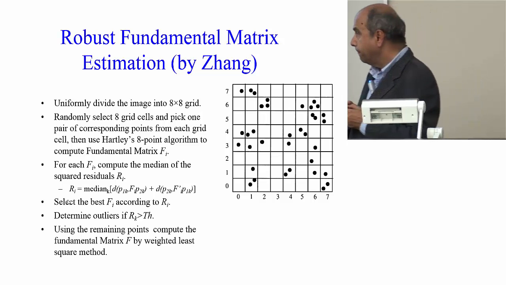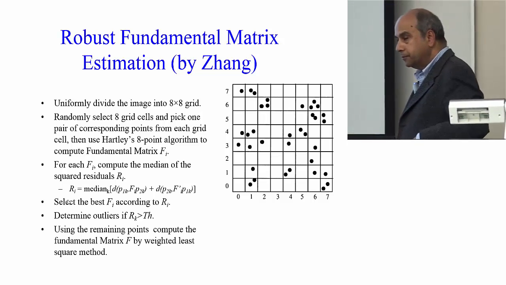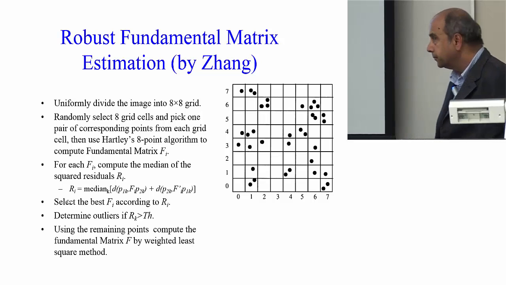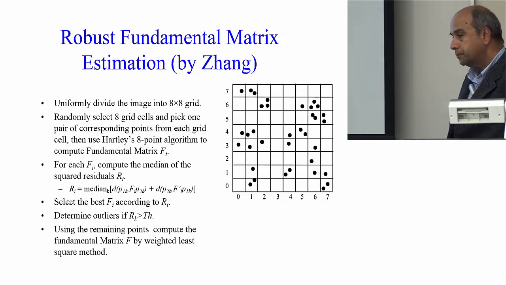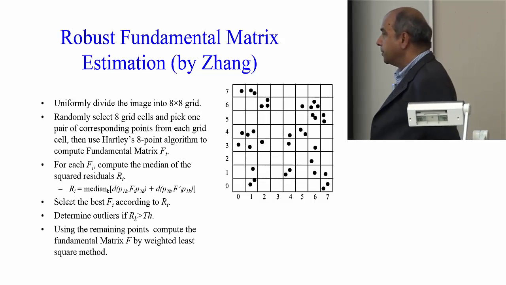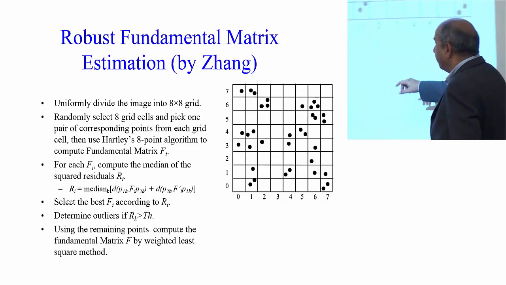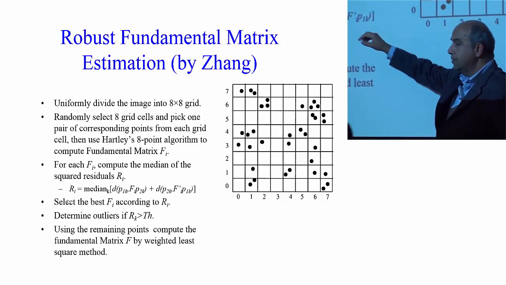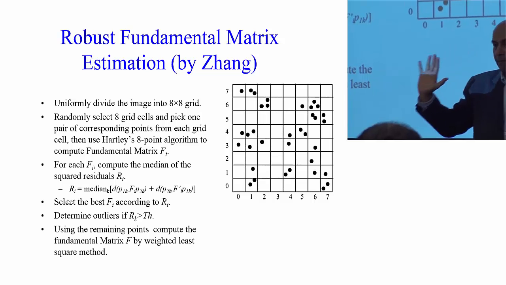When I'm determining my outliers by checking if R sub k is greater than the threshold, does that mean that I will discard all the 8 points that I have selected to create the fundamental matrix? No. See, this is computed for the other points. You have computed some fundamental matrix.